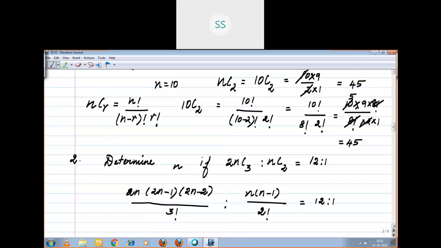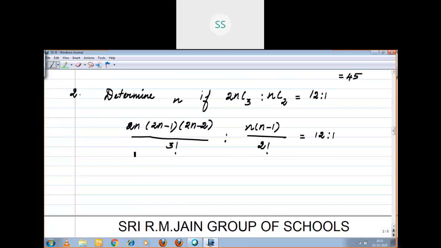The ratio can be written as a fraction, that you know very well, right children?